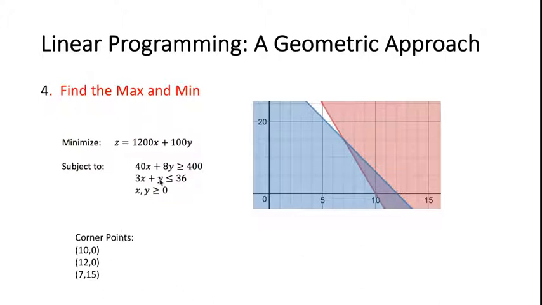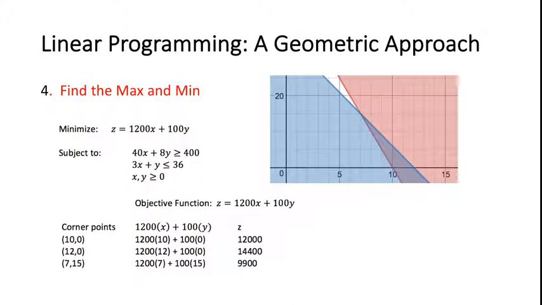To find those corner points, remember you're setting each of these constraint equations, not the inequalities, equal to each other. Solve them by elimination or by substitution. Once you have those corner points, you're going to plug those into your objective function.